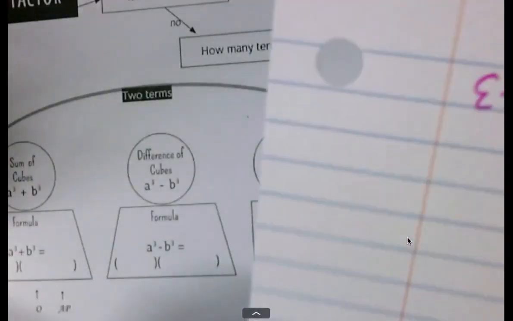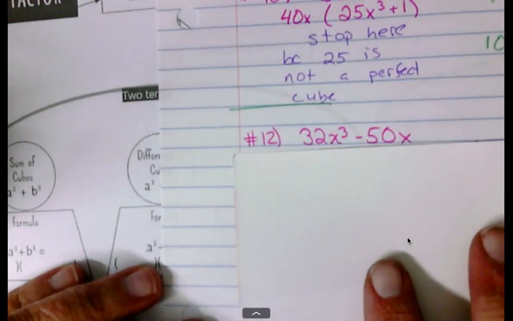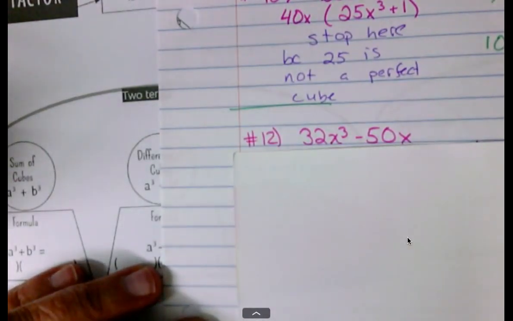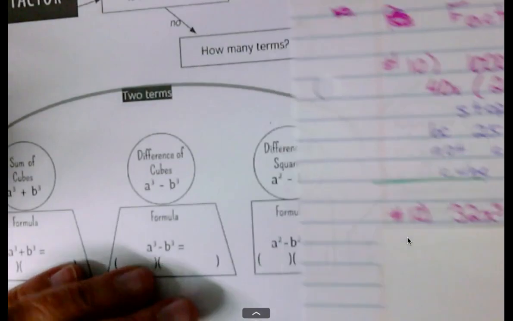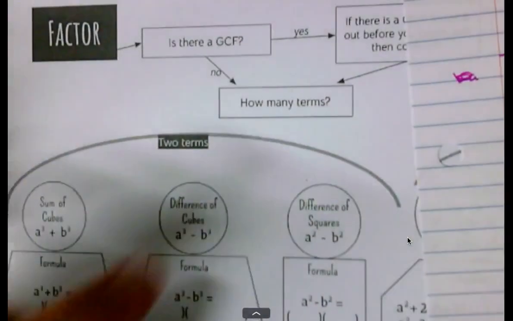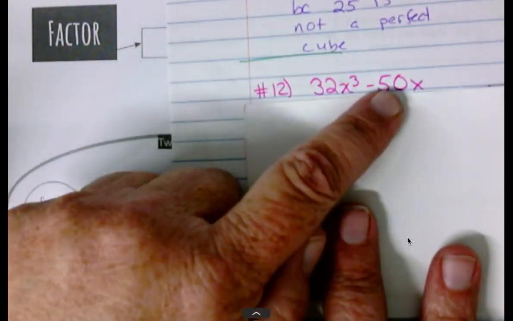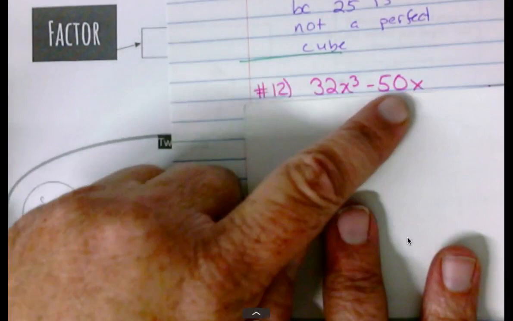Okay? We did another one. On this one, we started with 32x to the power of 3 minus 50x. The first thing you ask yourself is, is there a greatest common factor? On 32x cubed and 50x, we know already there is one.